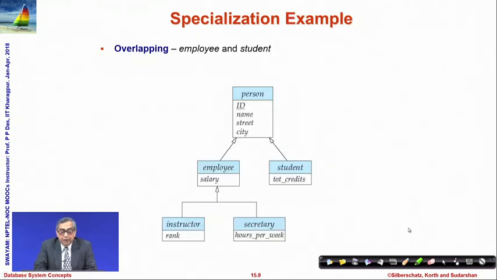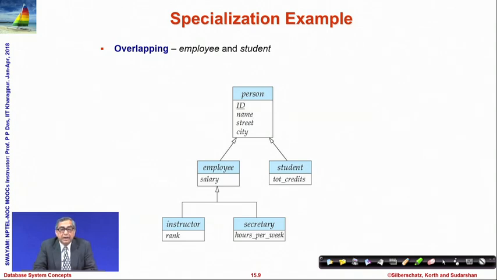So, here is an example, you can see the person at the so called root of this hierarchy of specialization. It has a set of properties ID, name, street, city, and employee is another entity set which is a specialization of the person entity set. So, employee inherits all attributes ID, name, street and city, but in addition the commonality of the entities in the employee entity set is the fact that all of them have a salary attribute.